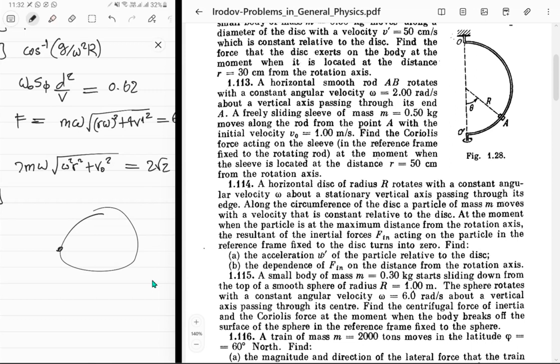Wait. You are saying the resultant of the inertial forces is zero. What else do you have? You also have the Coriolis force. So that's dependent on r dot, unfortunately. So that's dependent on the velocity basically, and not on the position itself.